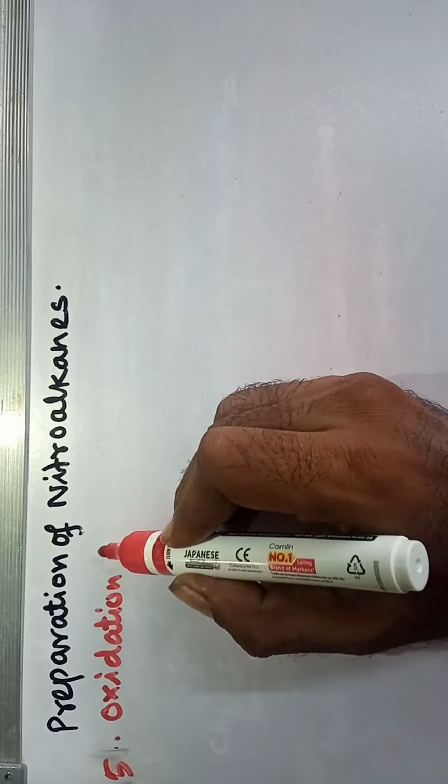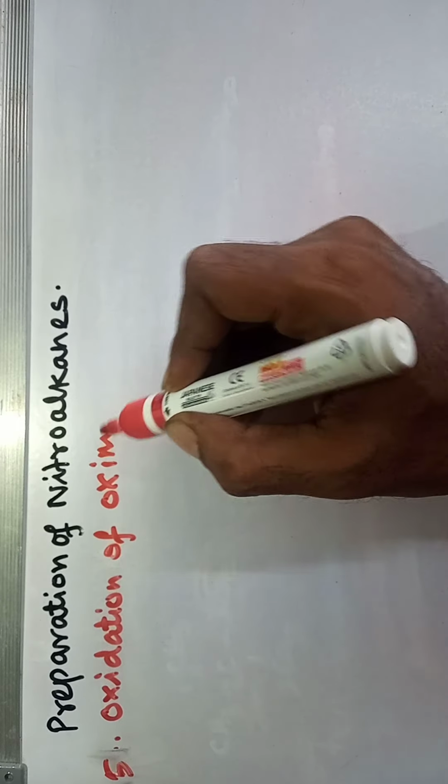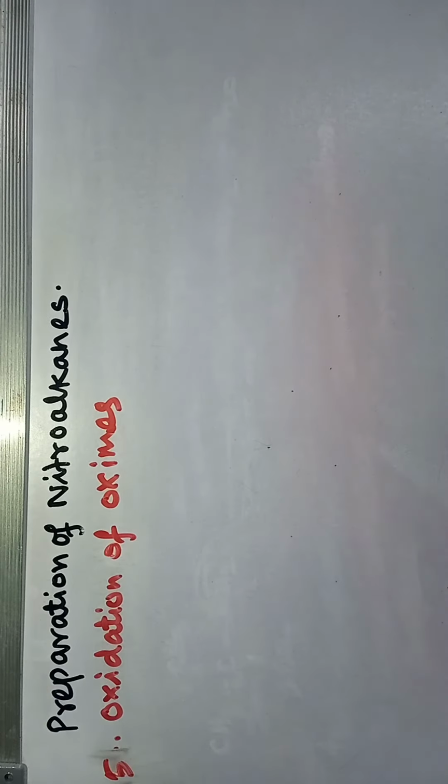In this method we oxidize the oximes, acetaldioxime and acetone oxime. We get nitroalkanes. So the oxidation of acetaldioxime and acetone oxime with trifluoroperoxyacetic acid gives nitroalkanes.